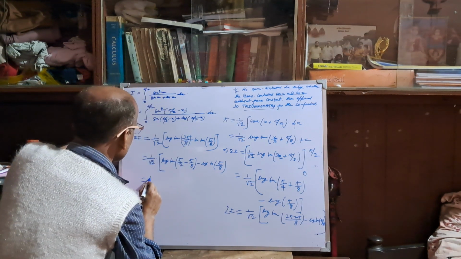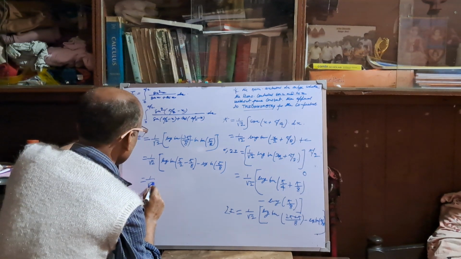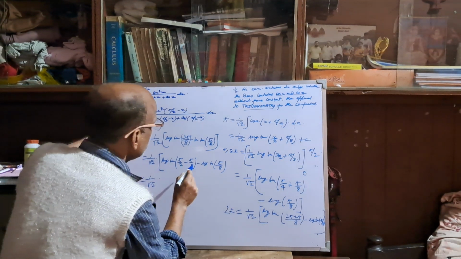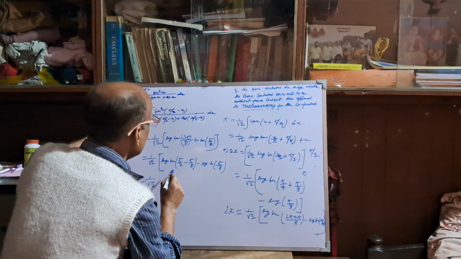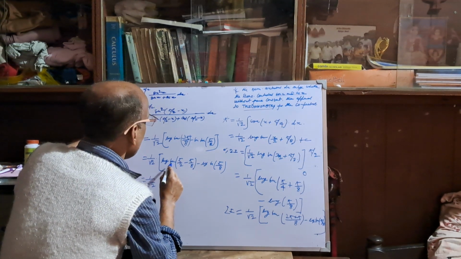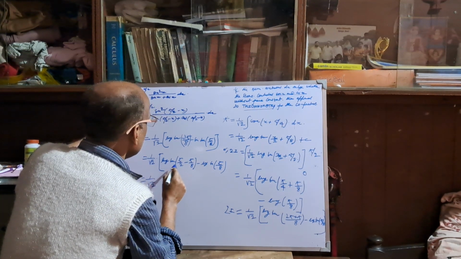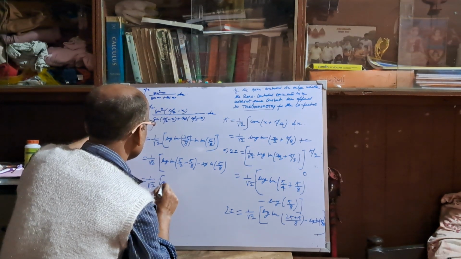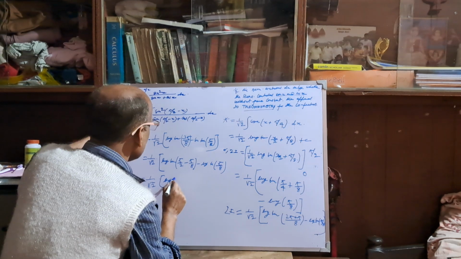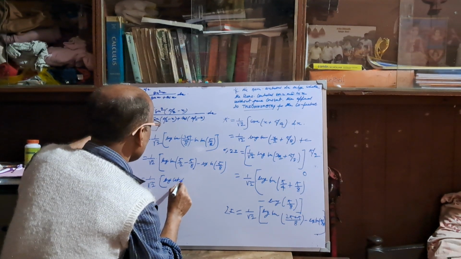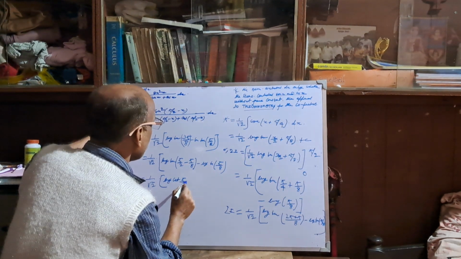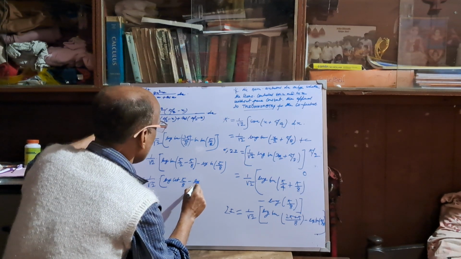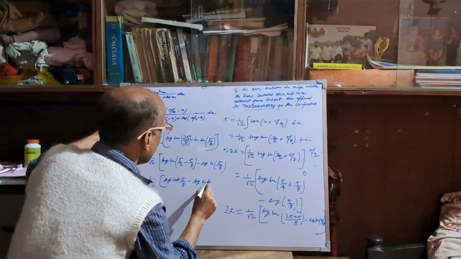I have made you understand that, so it is not required to explain again. So this part will be log cot, as I told you, the trigonometrical form will be changed here. Log cot pi by 8 minus log tan pi by 8.